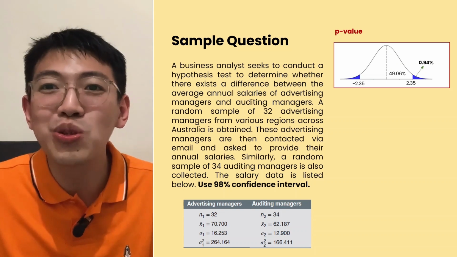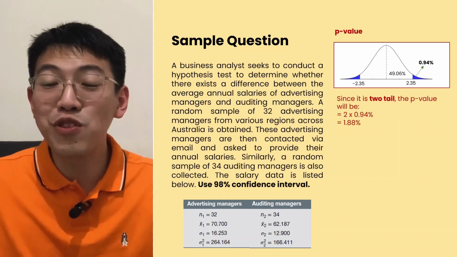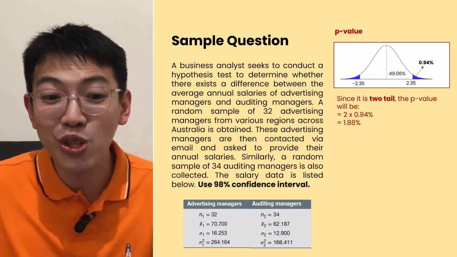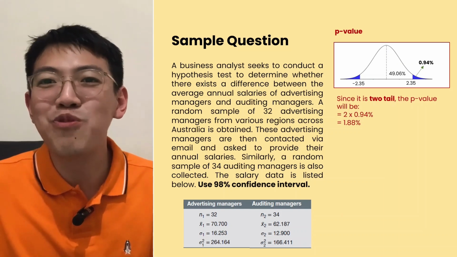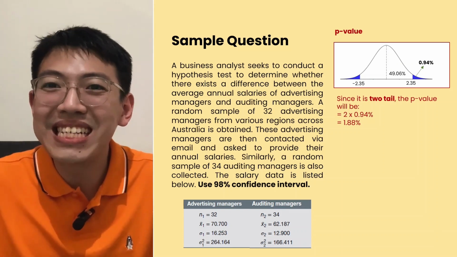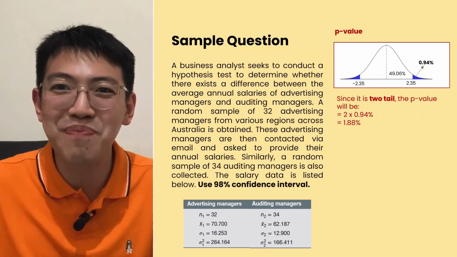It equals 0.94%. Since we have two tails, the p-value should be multiplied by 2. It will become 1.88%. Since the p-value is less than alpha, we should reject H0 and accept H1.